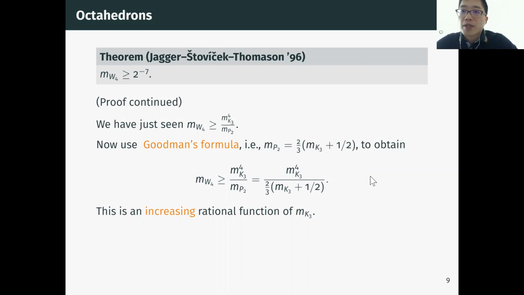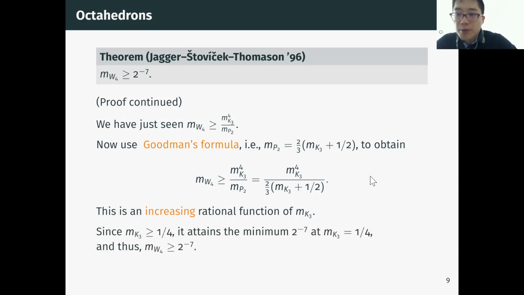So in particular, my monochromatic counts for triangles are at least a quarter. So this rational function must attain the minimum at that point. And the minimum is 2 to the minus 7. So we've just proved that this four-wheel is common.